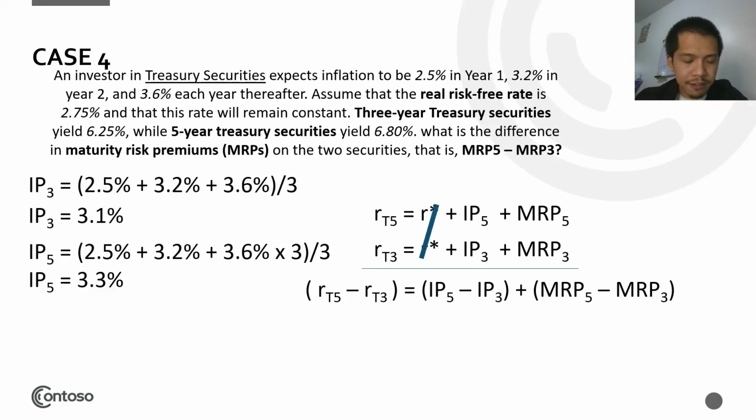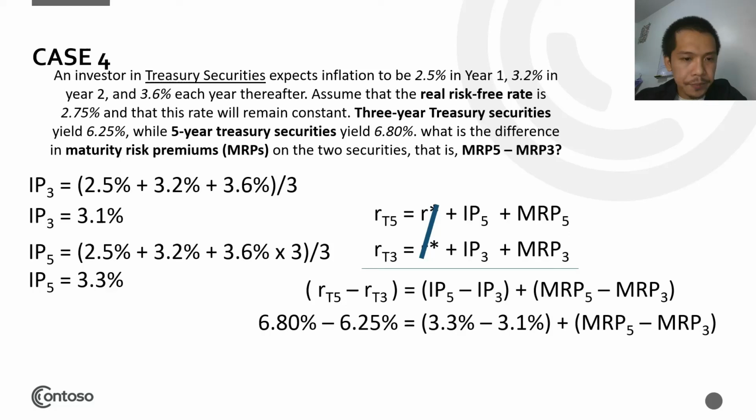So R sub T5 and R sub T3 are given: 6.80% minus 6.25%. IP sub 5 and IP sub 3 are already calculated: 3.3% minus 3.1%. Then you have MRP sub 5 minus MRP sub 3 is what we are looking for.